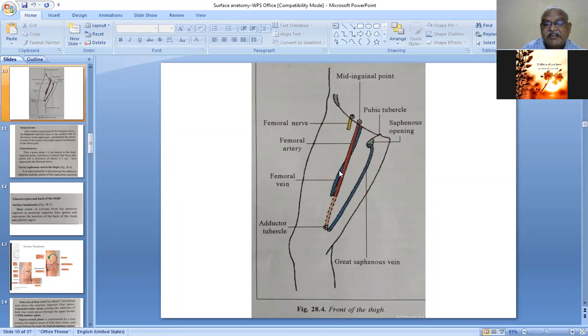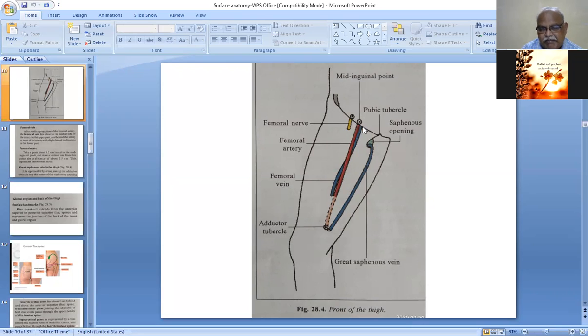So upper part medially, then the majority of its course behind, then a slight inclination to the lateral side in the lower part of the thigh. So this is the relation of the femoral vein to the femoral artery.